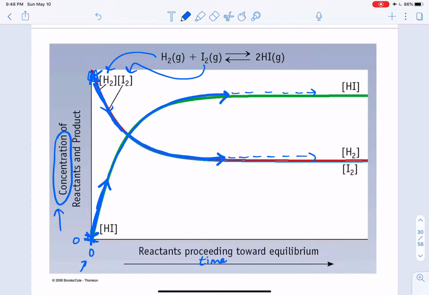So if you have constant concentrations of reactants and products, this little zone in here is called what? Equilibrium.